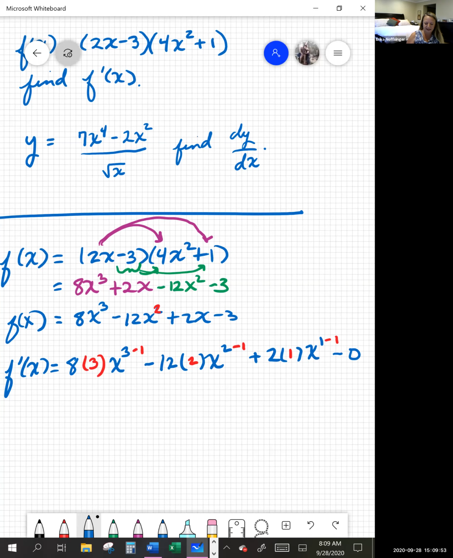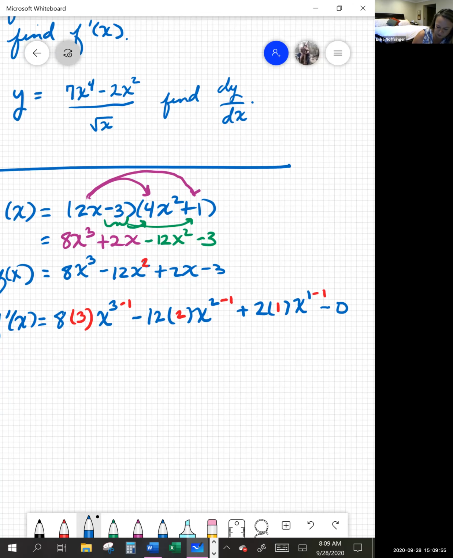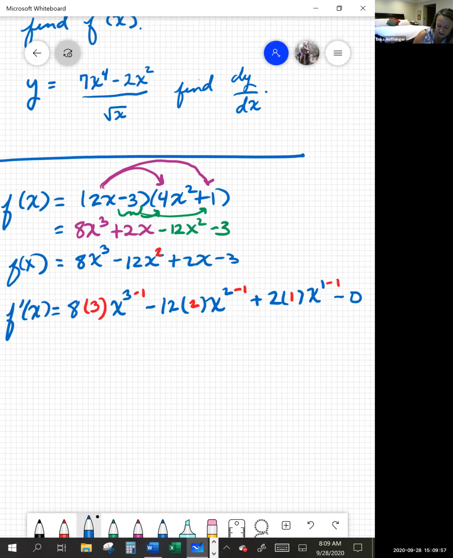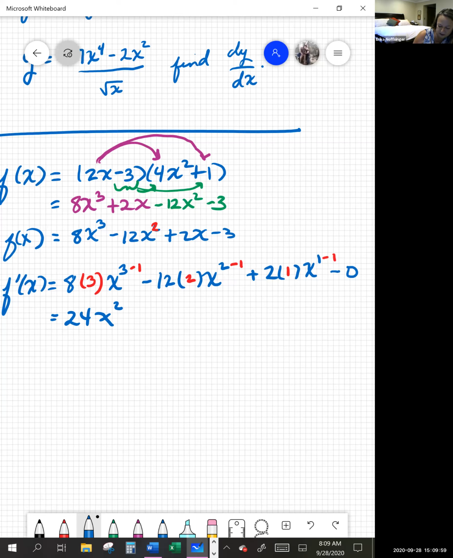So simplifying it, we have 8 times 3, so that's 24, x to the 3 minus 1 power, so x squared, minus 12 times 2, which is 24, x, and then plus 2, x to the 0 power is just 1. So we don't have to write that.